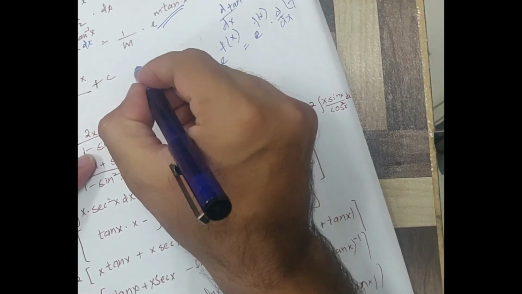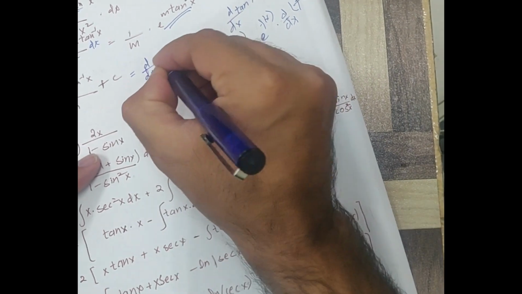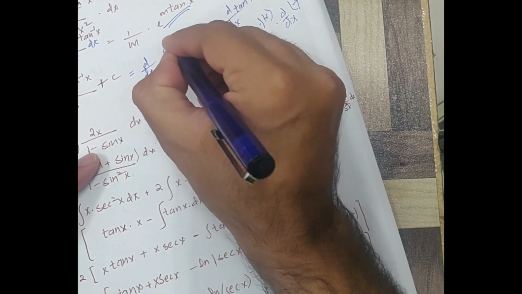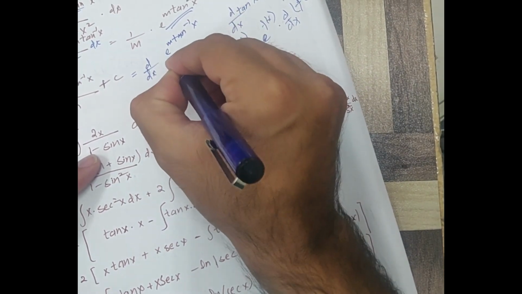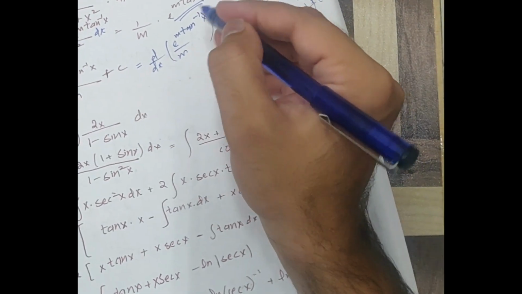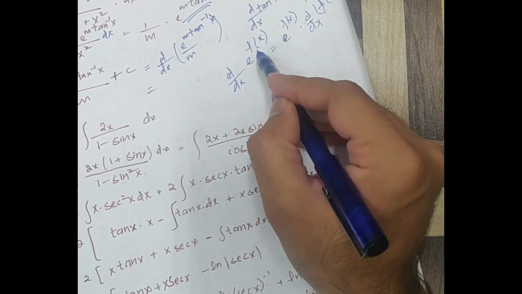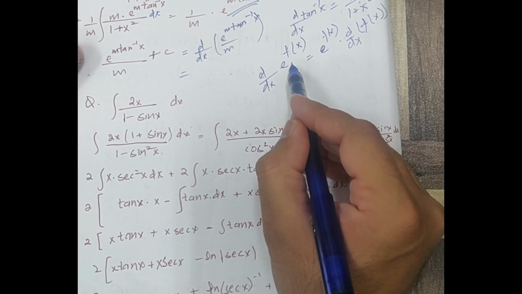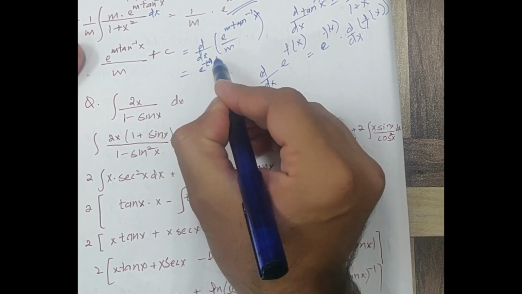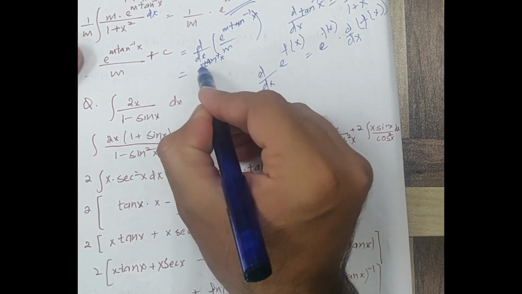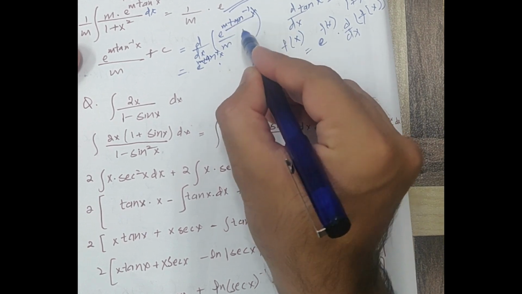Now if we try to check this solution, it can very easily be checked. Just take the derivative d over dx of e to the m tan inverse of x divided by m. The derivative of e to any function is simply e to that function multiplied by the derivative of the expression.